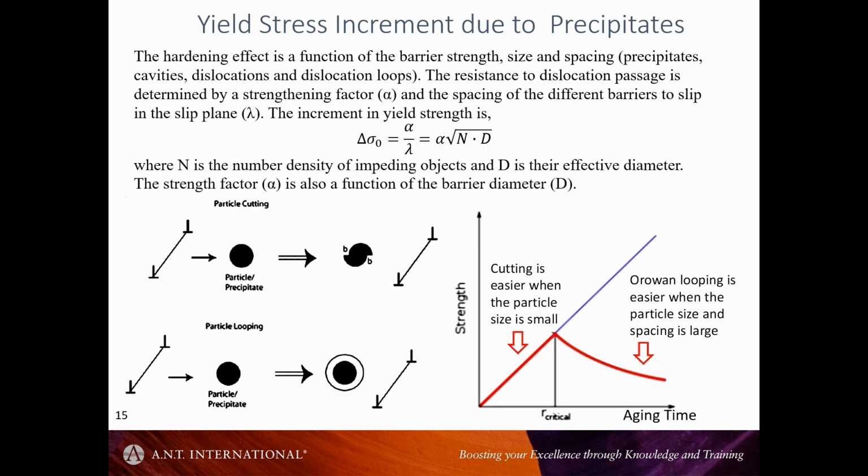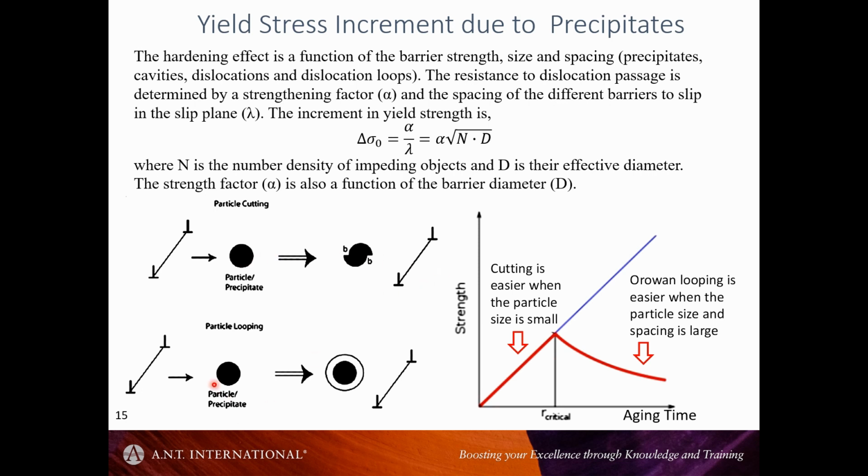So the way that precipitates affect the mechanical properties, they're basically barriers to dislocation slip. So dislocations will glide through the material. If the precipitate is small, they can cut through it, but it still takes some effort, takes some force to pass a dislocation through a precipitate.